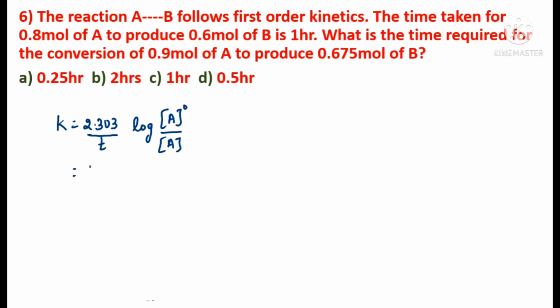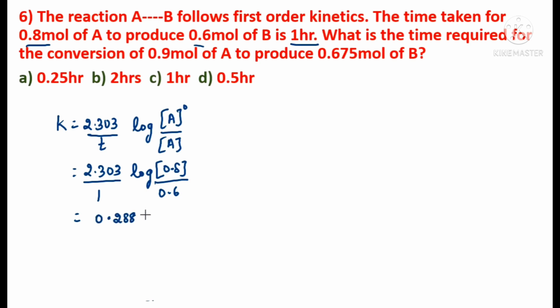So that is equal to 2.303 divided by, what is the time? It is 1 hour, is it not? 1 hour, log of concentration. The initial concentration is 0.8, so 0.8 divided by the final concentration, which is 0.6. Now simplify this.